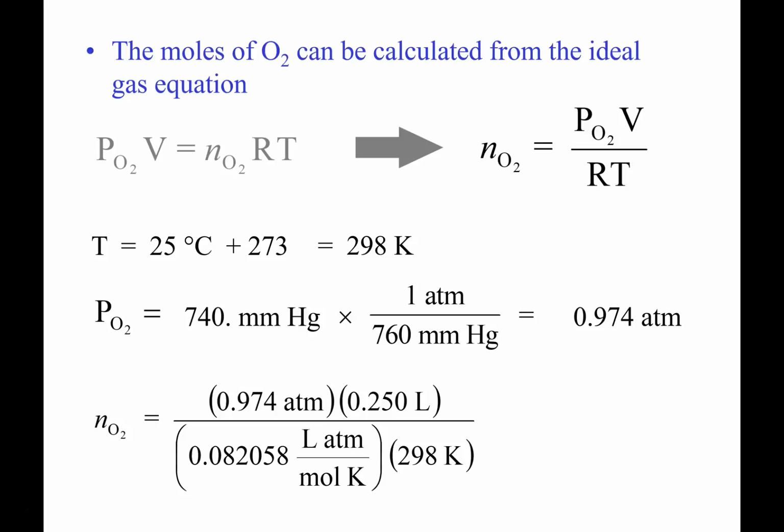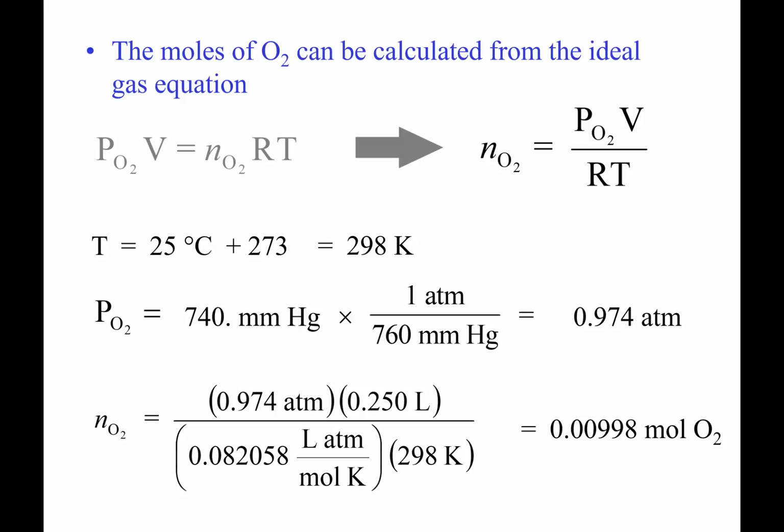And then also in the denominator, we have the temperature, 298 Kelvin. And again, when I work these, I usually put 298 Kelvin over 1, so then my units of Kelvin cancel. Units of liters cancel, units of atmospheres cancel, we're left with 1 over mole in the denominator, which is moles. So we round to 3 sig figs, and I get 0.00998. The units, of course, would be moles of O2.